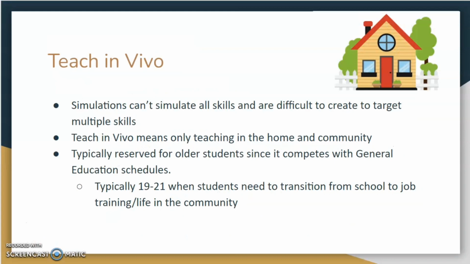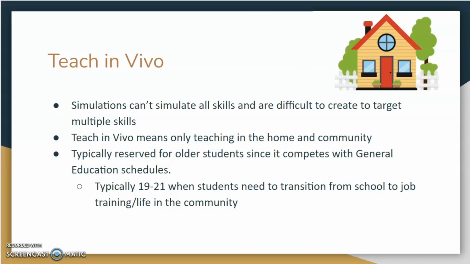Our last way to teach the skills would be to teach in vivo, or to teach in the home and community. Sometimes simulations can't simulate all the skills, and sometimes are difficult to create to target multiple skills that are needed to be taught.